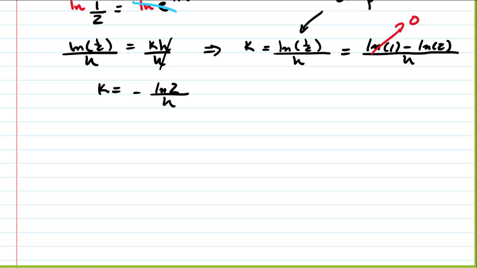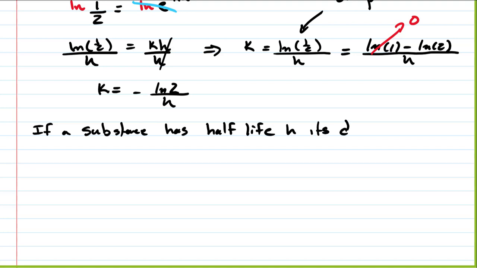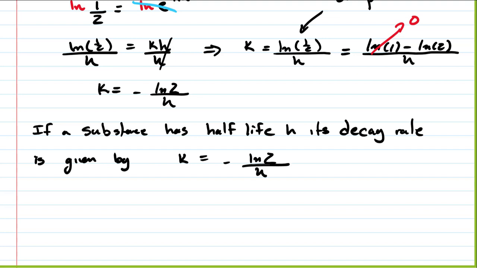So this tells us then if a substance has half-life h, its decay rate is given by k equals the negative natural logarithm of 2 over h.